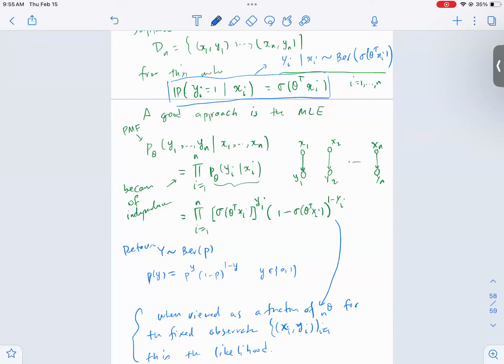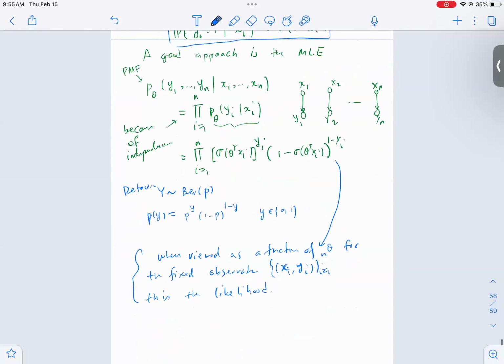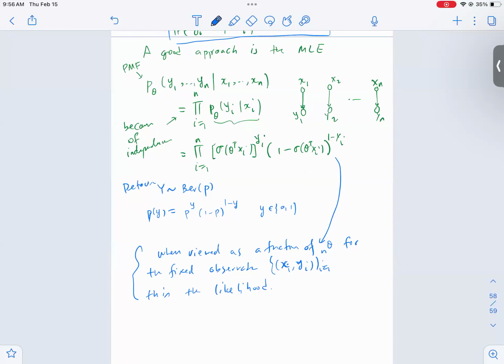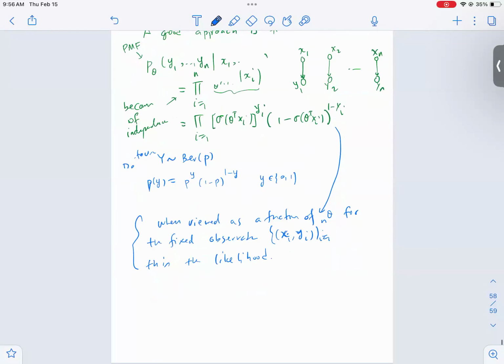In short, viewed as a function of the data, it's the probability. If you understand what the likelihood is, maximum likelihood just maximizes it. The interpretation is that I'm finding the parameter, aka the model, under which this probability is maximum. You find the model which maximizes the probability.